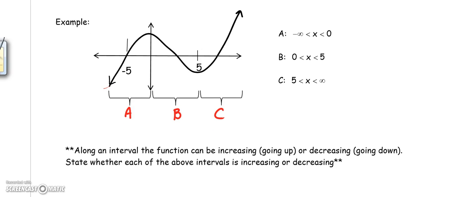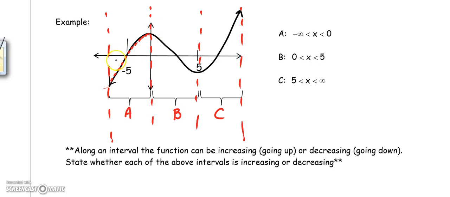The reason we talk about intervals is because we talk about where functions are increasing or decreasing. So we want to state whether it is increasing or decreasing at each interval. So if we look here, I'm going to divide it into all of my intervals. Now if we look here, remember we're always moving from left to right. So if I'm going from left to right on this graph, I'm going up.